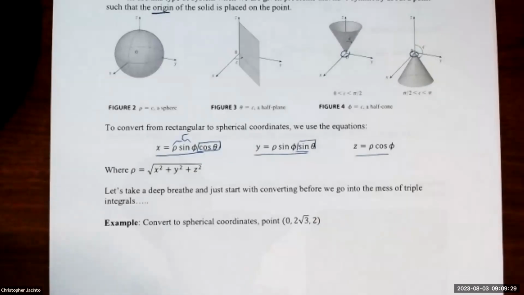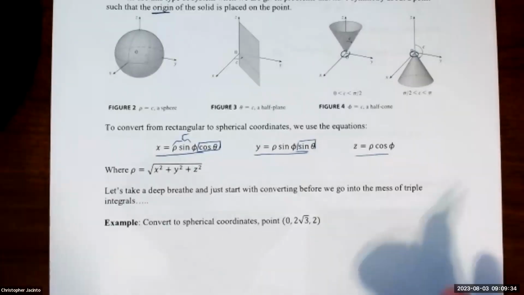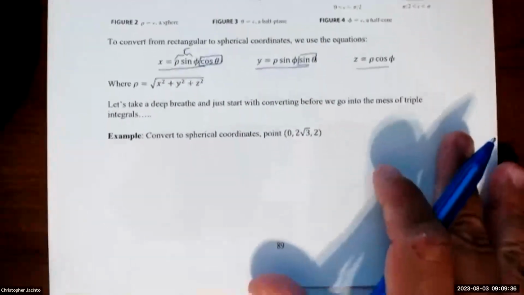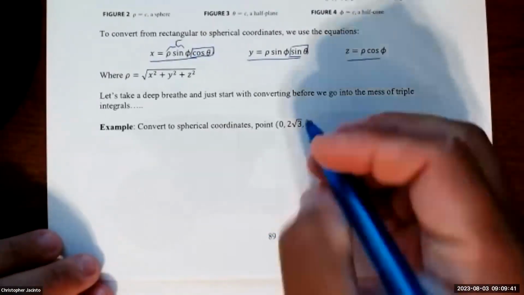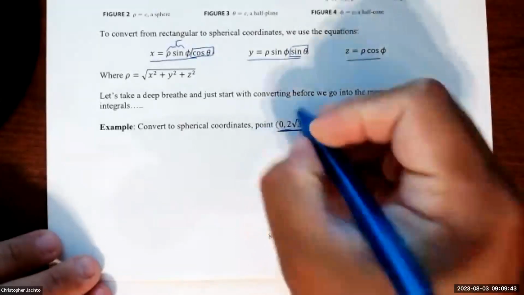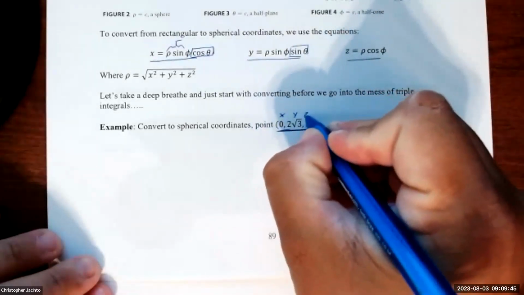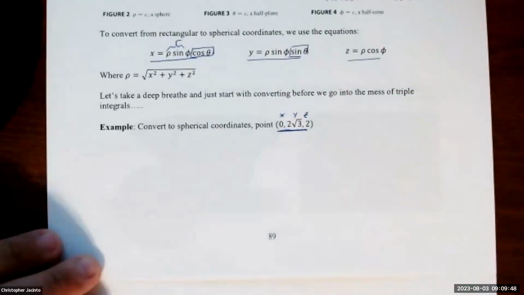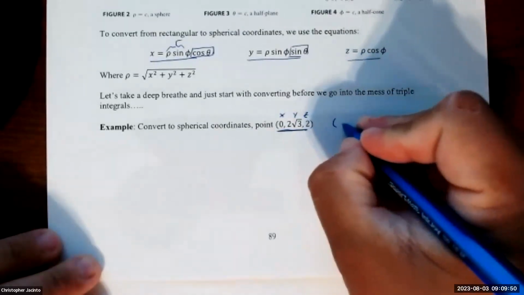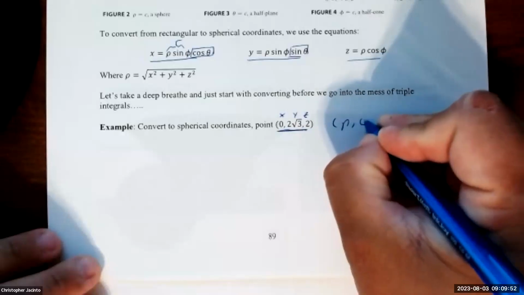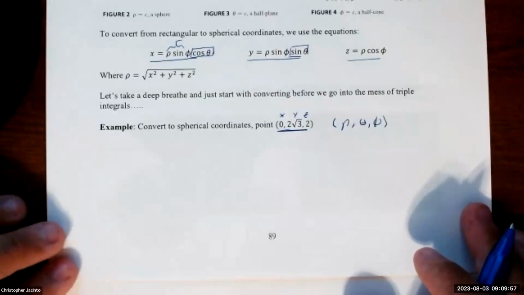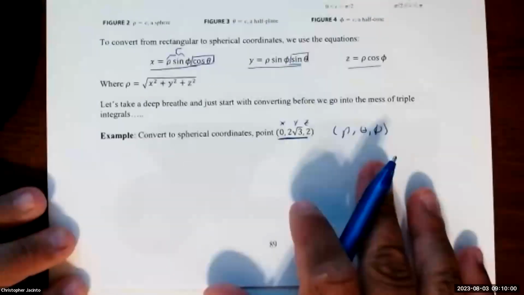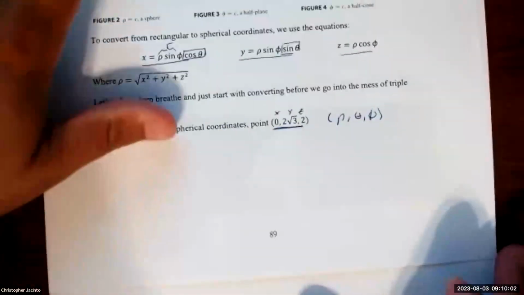So it's an interesting way to get that. Okay. Now, before we actually get into integration with respect to spherical coordinates, let's just see how we can convert some stuff. So you can see how to find each individual angle and how we're going to do it for these type of questions. So all we're going to do is convert this point to our new coordinates. So our new coordinates look like that. Okay. So the easiest one to do is always going to be rho.